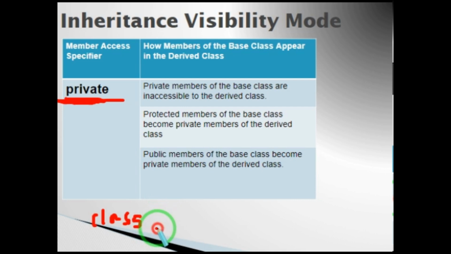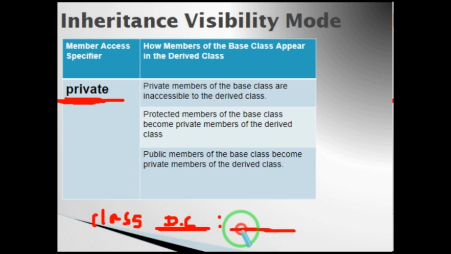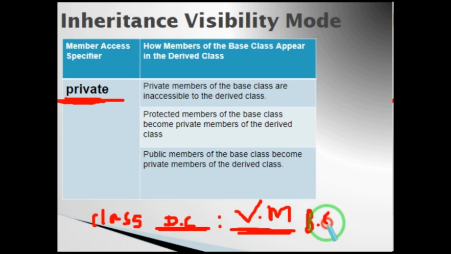Now here we write the derived class name, colon, and here we use a visibility mode. Visibility mode: public, private or protected, and here we use the base class name.